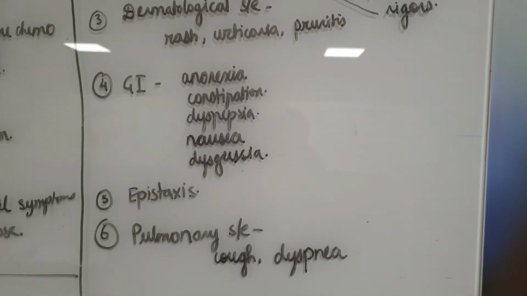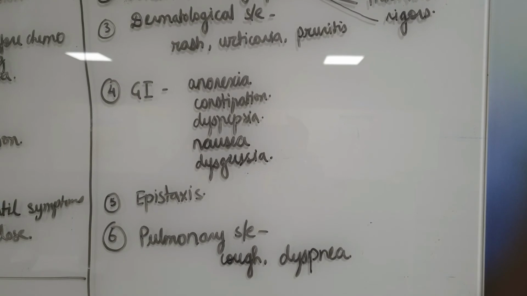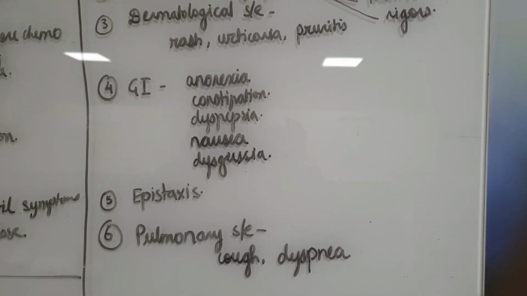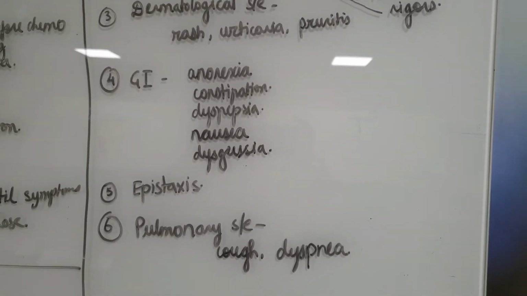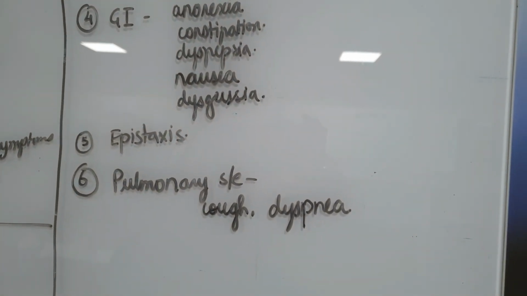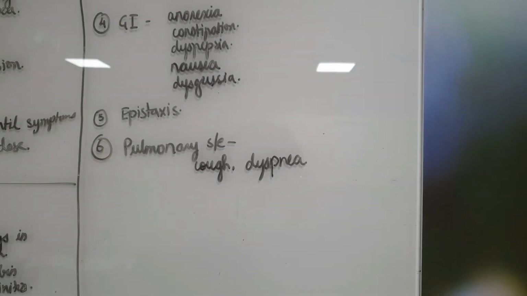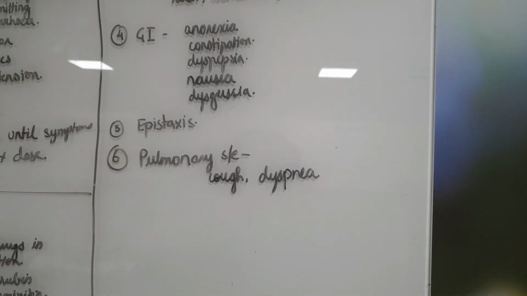GI side effects are common. Generally, patients develop anorexia, constipation, dyspepsia, nausea, and dysgeusia. The important side effect diarrhea we have already covered. Some patients may also have epistaxis due to underlying thrombocytopenia. Pulmonary side effects like cough and dyspnea can also be seen in around 20 to 30% of patients.